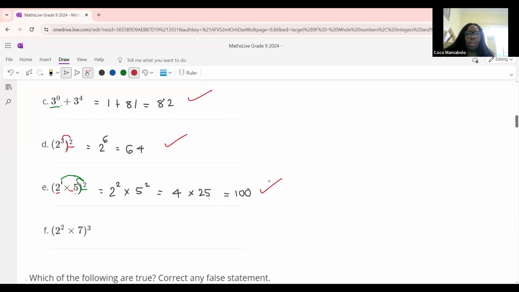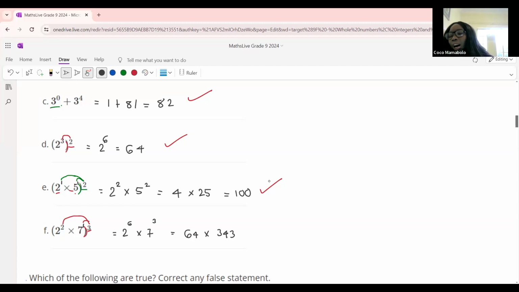Okay, again, I see a bracket and an exponent. I know that the exponent of 7 is 1, so I'm going to distribute this 3 over here to each of those brackets. So what I should get here is 2 to the power of 6 times 7 to the power of 3. Right, now this is a huge number. If I write it out, I'm going to get 2 to the power of 6 is 64 times 7 cubed, which is 343.